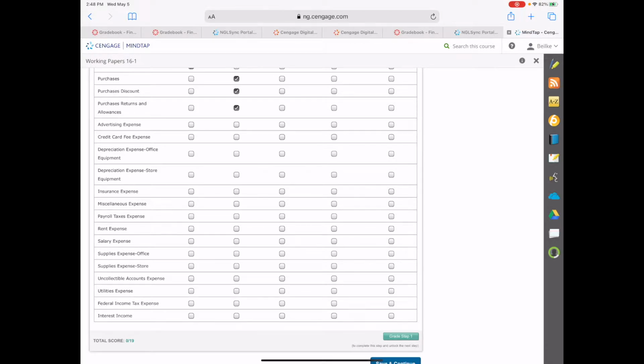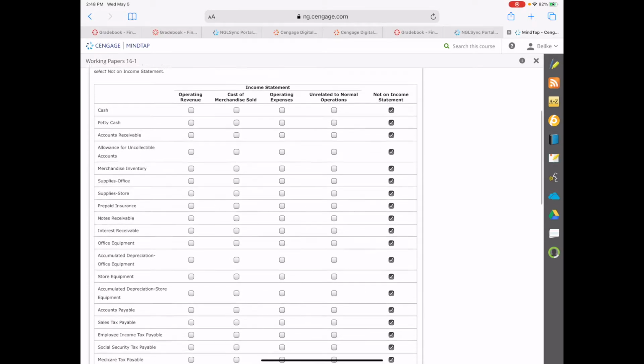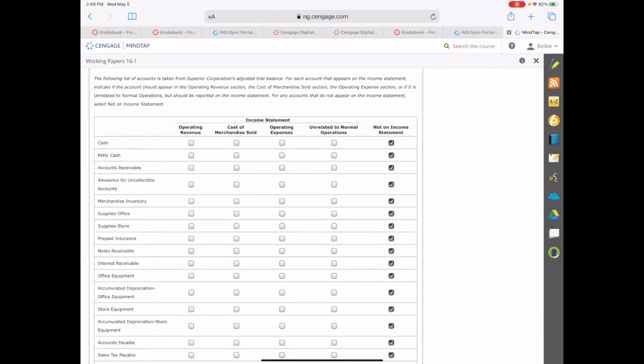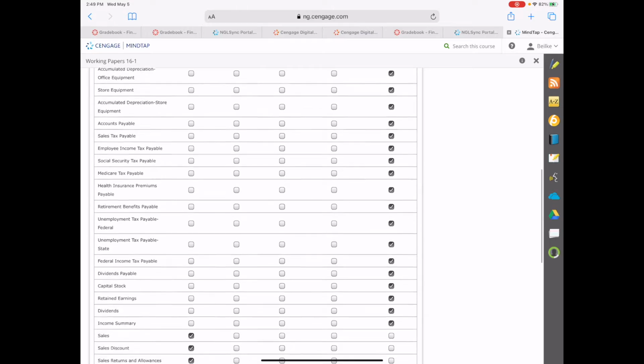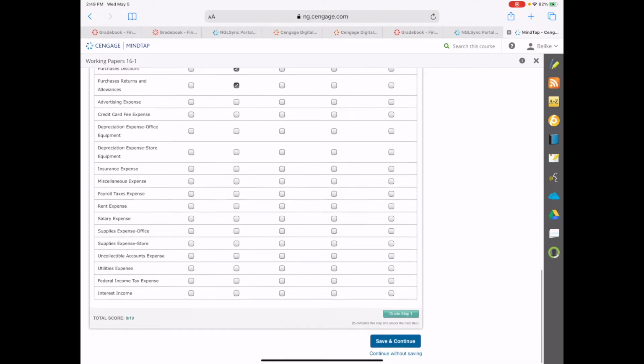Okay. And if you look up at the top again, the third column is our operating expenses. Okay, so we'll go advertising, credit card fee, depreciation, insurance, miscellaneous, payroll, rent, salary, supplies, uncollectible accounts, and utilities.